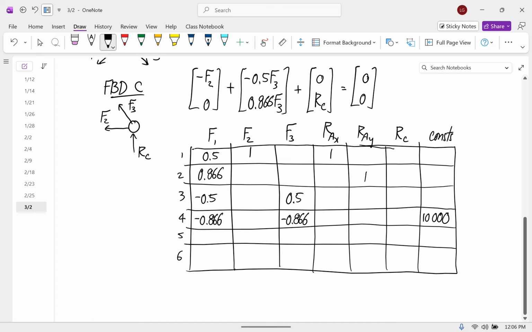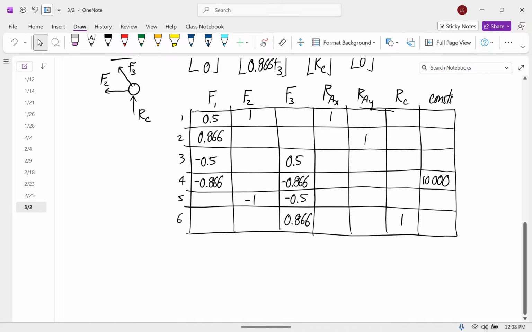And then equation 5, F2, we have negative 1. F3, we have negative 0.5. And then equation 6, F3, we have 0.866. RC, we have 1. And so I got F1 is negative 5773.67.